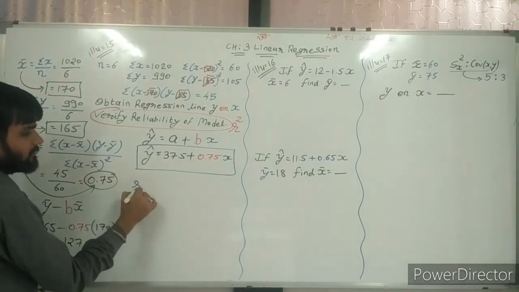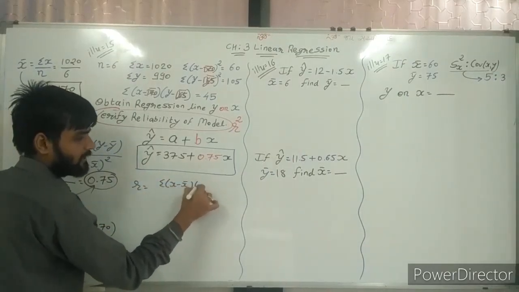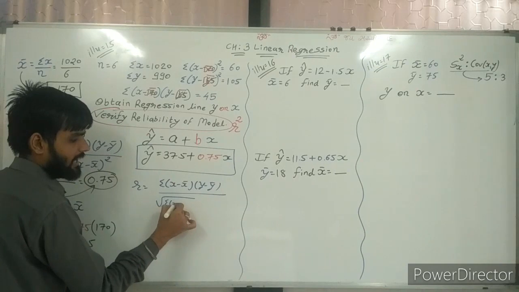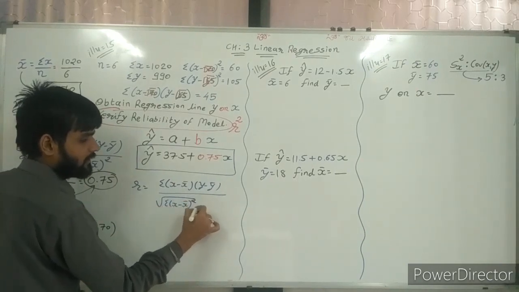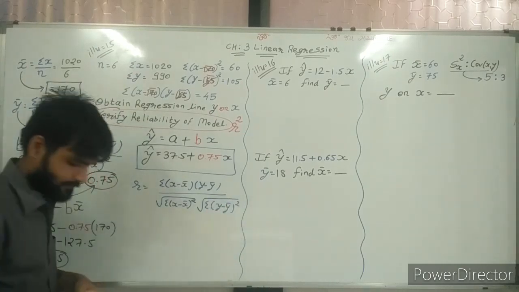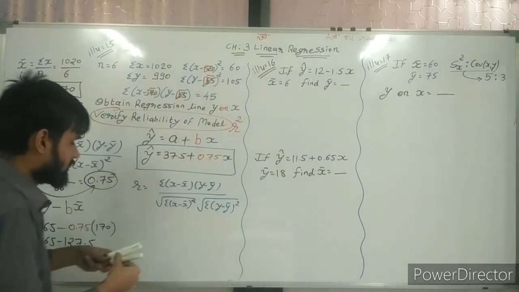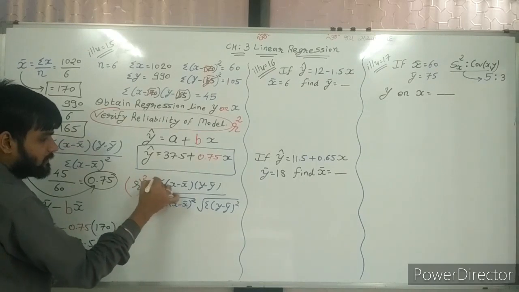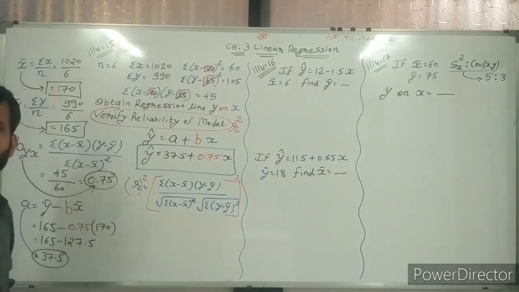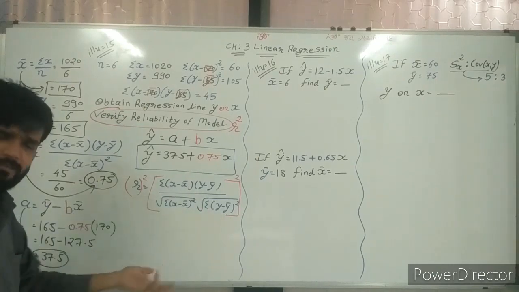So we know R is equal to sigma x minus x bar, y minus y bar, divided by root of sigma x minus x bar square, times second under root sigma y minus y bar square. But we don't need R. What we need is R square. So make the square of this. Nothing else. Other values remain the same.